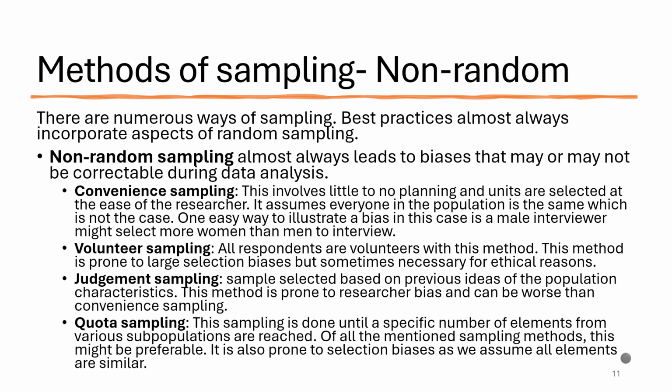The last one we talk about is quota sampling. This sampling is done until a specific number of elements are reached, and I know a lot of researchers do this. Of all the aforementioned methods, this one might actually be preferable, but it's also prone to selection biases, right?